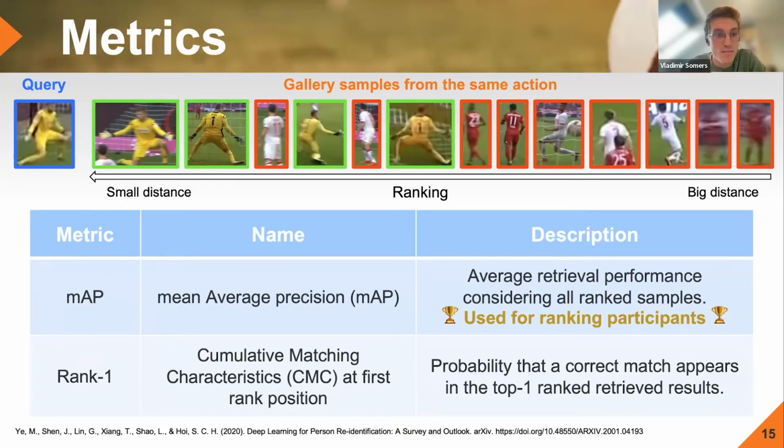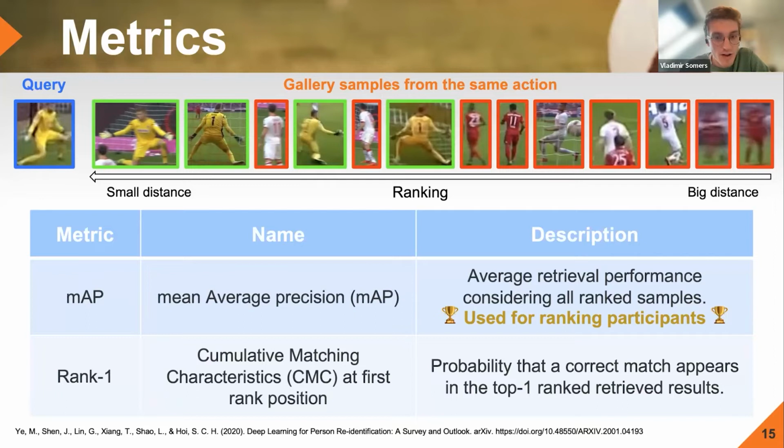So the maximum mAP is reached when you have all the correct matches, so all the green boxes that you see above, at the top of the ranking, and all the incorrect matches, so the red bounding boxes, at the bottom of the ranking. And this is the mAP that we use in the leaderboard to rank participants.